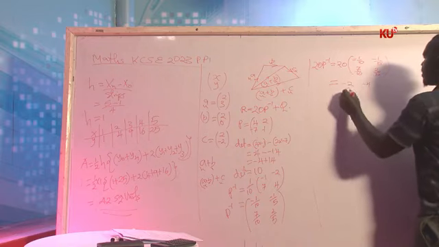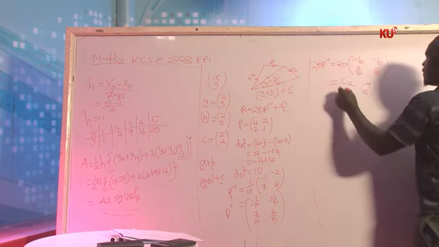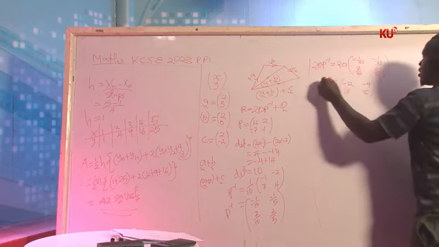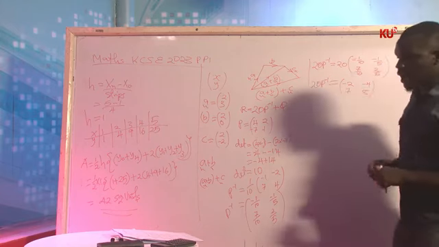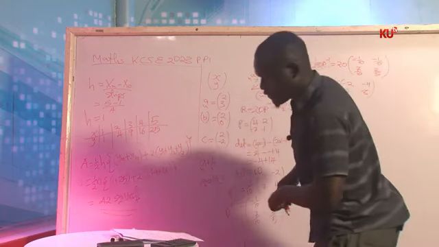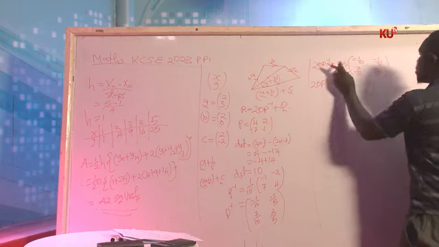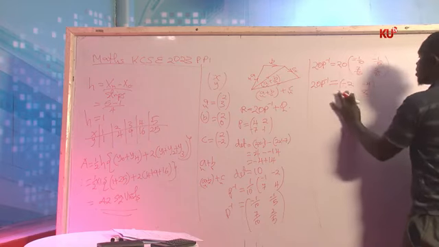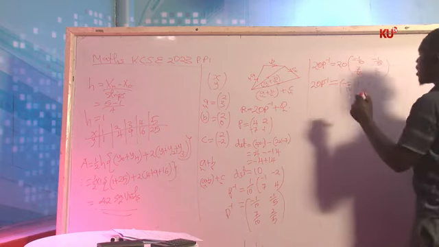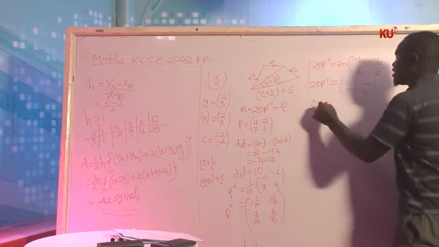This times 1, this will be becoming 7. This one, this is 4, 8. This is your 20 P inverse. So this will be 14 because 20 times 7 over 10 becomes 14. After you've gotten your 20P inverse, you have also your matrix Q.